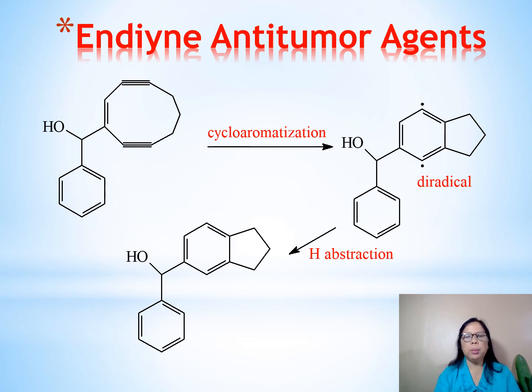The series of the going out of electrons had formed the double bond here and the single bond. And then one electron went out. So this is now the one electron, and this is also the other electron.